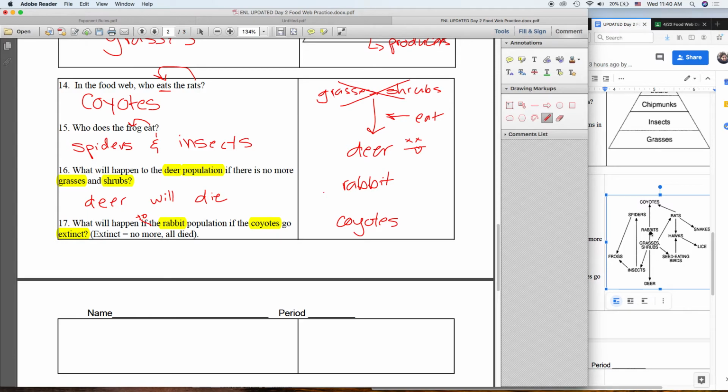Oh, okay, so there's an arrow going from rabbit to coyote. And what does that mean? If there's an arrow, it means the rabbits are food for the coyotes. So if the coyotes are dead, no one eats the rabbits. So they will be like so many babies. The rabbit population will grow. Too many rabbits.